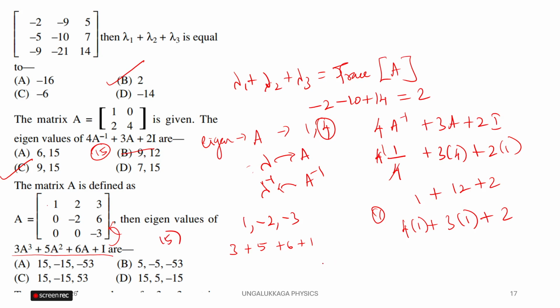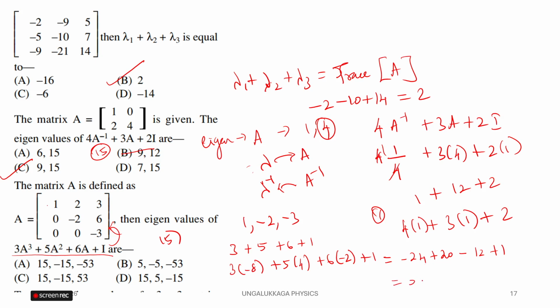For minus 2, we have 3 into minus 8 plus 5 into 4 plus 6 into minus 2 plus 1.